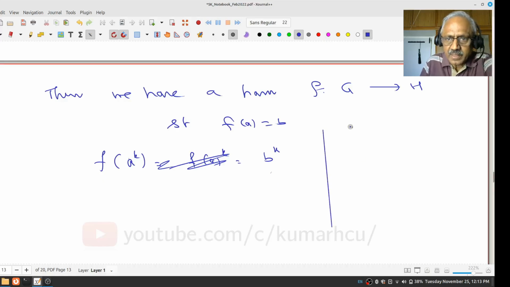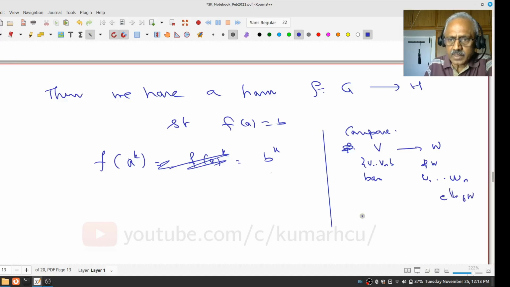Because again, compare this result with V to W, where v1 to vn is a basis, and w1 to wn are elements of W. Then there is a unique linear map f from V to W so that f of vi equals wi.